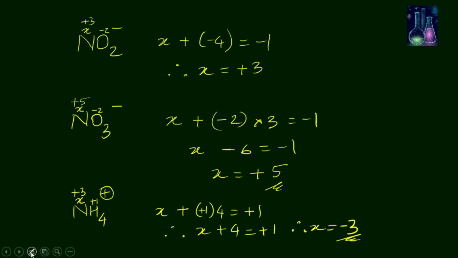Let's try out two more examples. BrO3 minus. I would like you to pause the video and try it on yourself. Okay, let's see whether your answer is right or wrong.